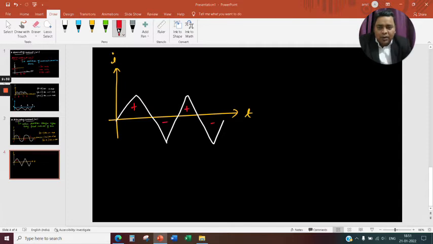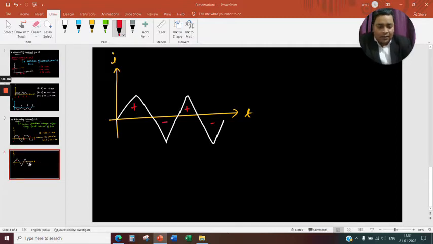Means what? What is the conclusion point here? Direction must have to change. If direction changes continuously, that will be the example of alternating current here. Whether sinusoidally or in terms of trapezium, in terms of triangular, it doesn't matter. But direction must have to change here. So I hope this much example is enough for the understanding of alternating current and direct current.